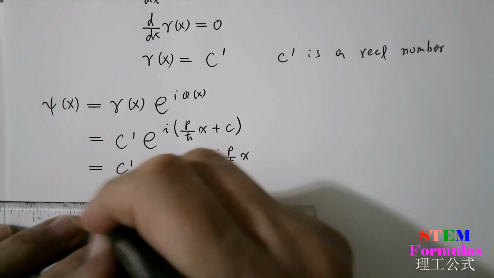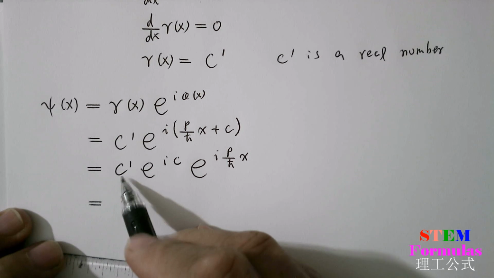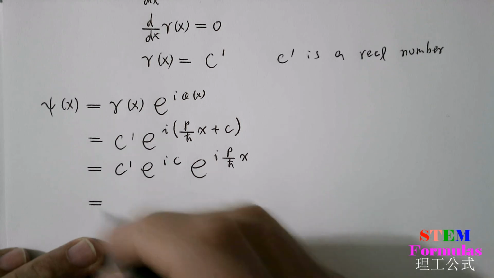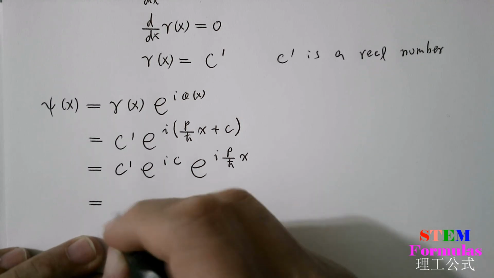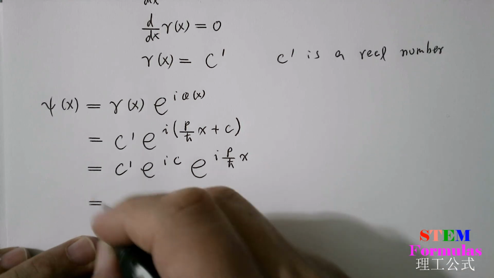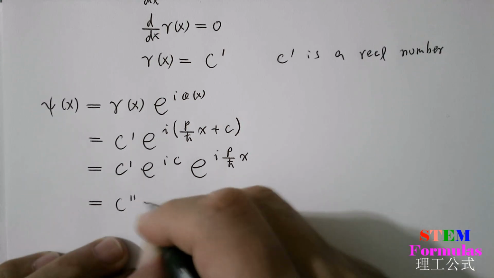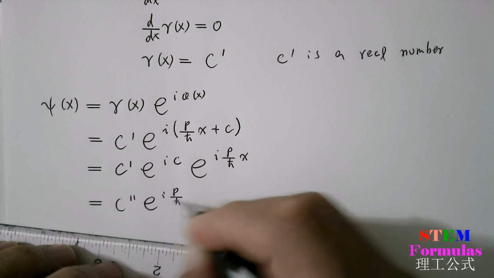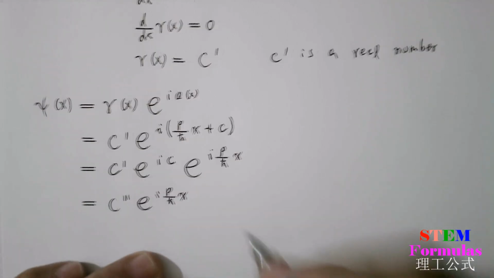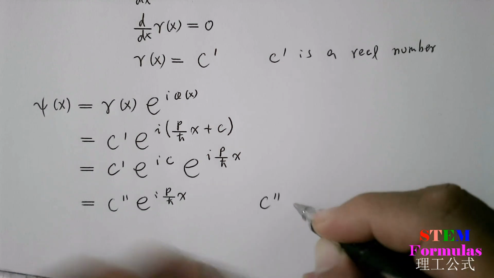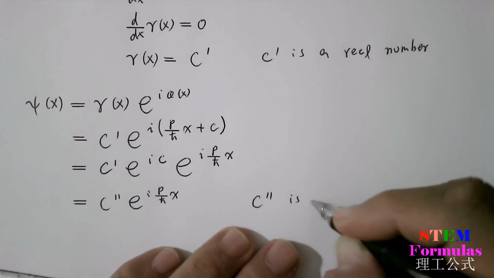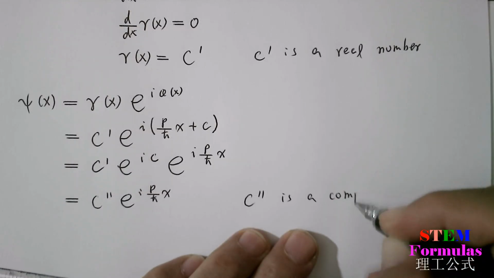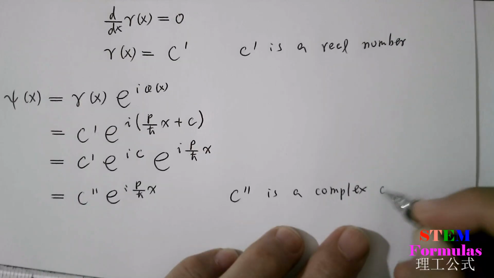This constant times another constant e to the i c I define as a new constant, c double prime e to the i p over h bar x, and c double prime is a complex constant.